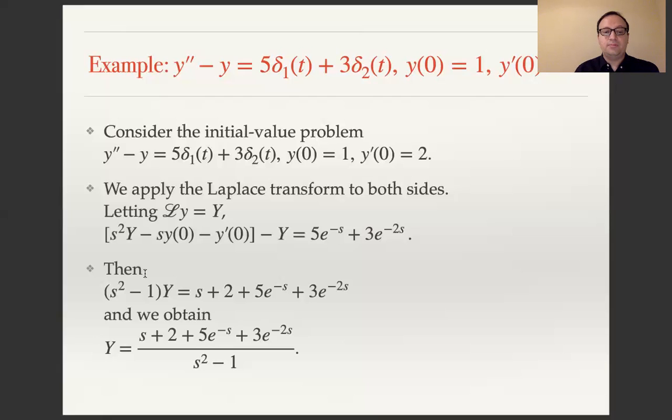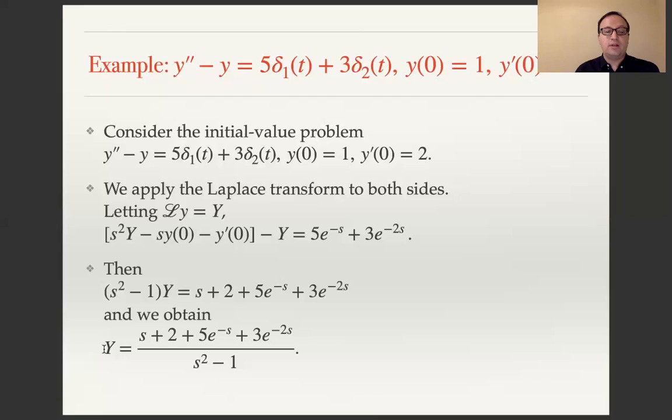Okay, so grouping the terms containing capital Y together and putting everything else on the other side, we get s squared minus 1 times capital Y is equal to, so s y of 0 was s, because y of 0 is 1, and then plus y prime of 0, which is 2, plus 5 e to the minus s plus 3 e to the minus 2s.